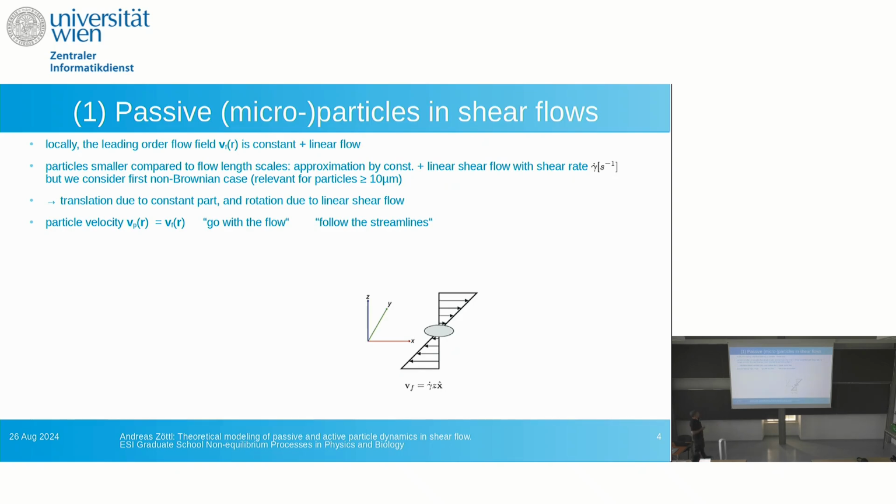In the simplest approximation, you just say that the particle velocity, Vp, at a certain position r is exactly the flow velocity at this position r. Which just means that you can consider the small particle as a tracer particle, and it just goes with the flow, with the streamline. So we say it goes with the flow or it follows the streamlines. This is what passive particles usually do.